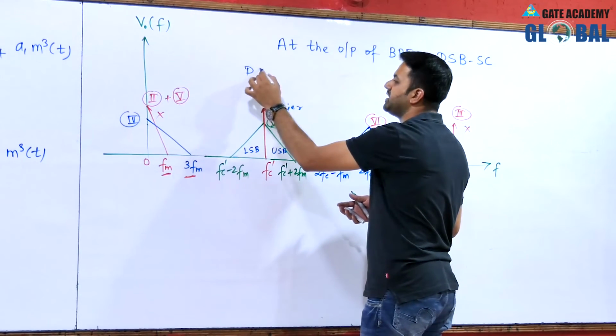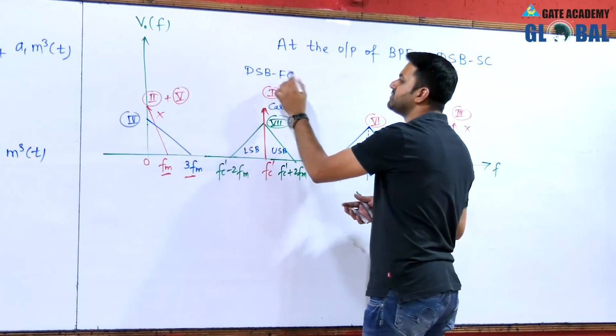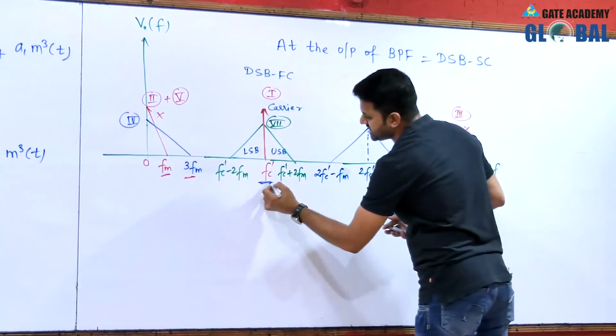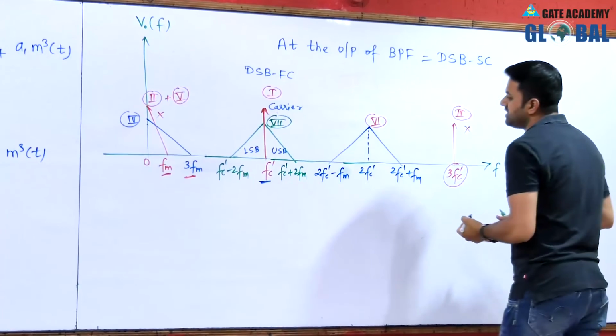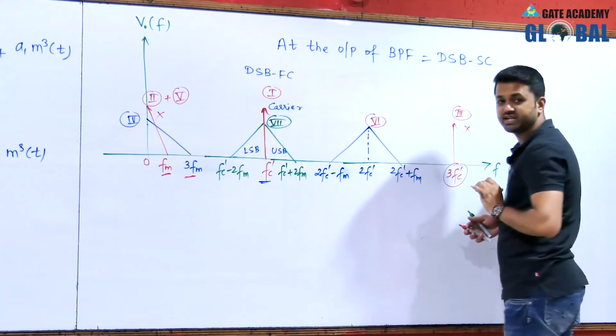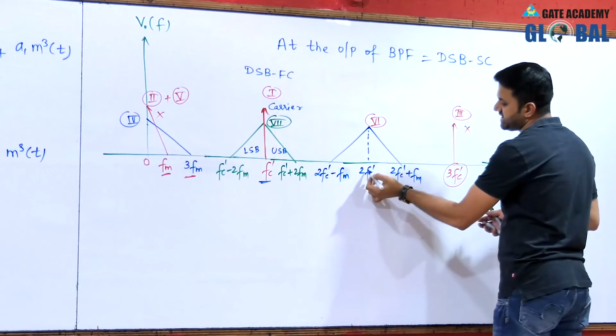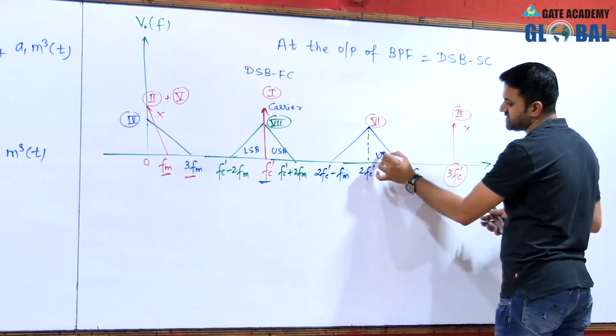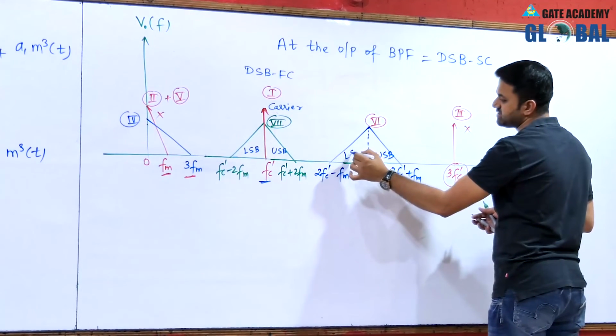So this is called double sideband full carrier because the carrier is also present at the center frequency. Now if you observe this one, there is a center frequency but no component is present at 2fc, and there are frequencies higher than the center frequency, known as the upper sideband, and lower, known as the lower sideband.